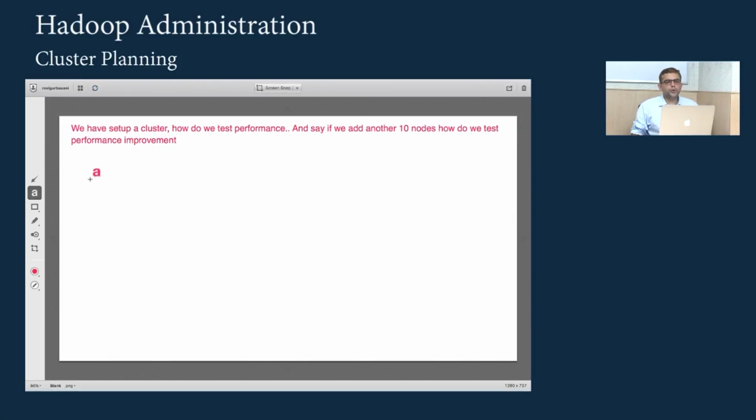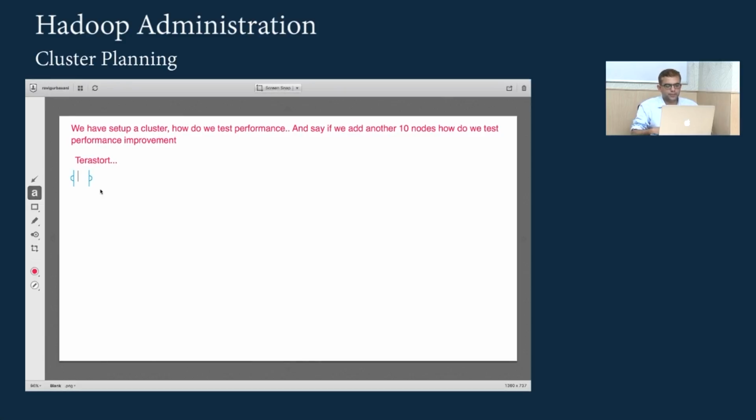We've set up a new cluster, and how do we test performance of that particular cluster? Well, there is an interesting benchmark that is available. So let's compare this benchmark with mileage. When a new car comes out, what you really want to do is test the mileage of the car, and that's one of the most important benchmarks. Similarly, the benchmark to test the performance in Hadoop is called TeraSort.